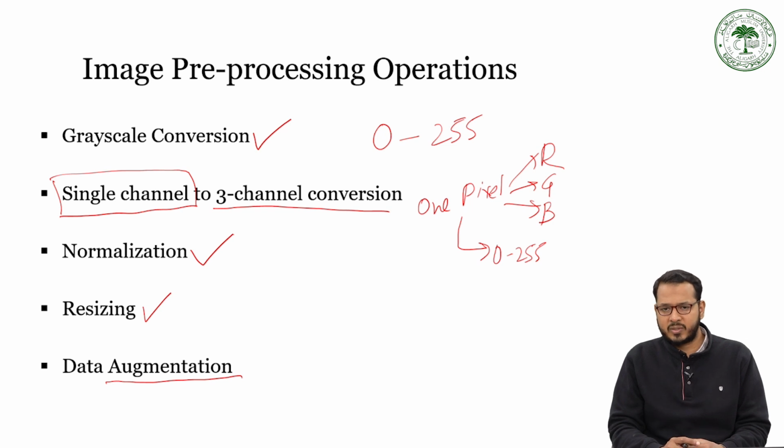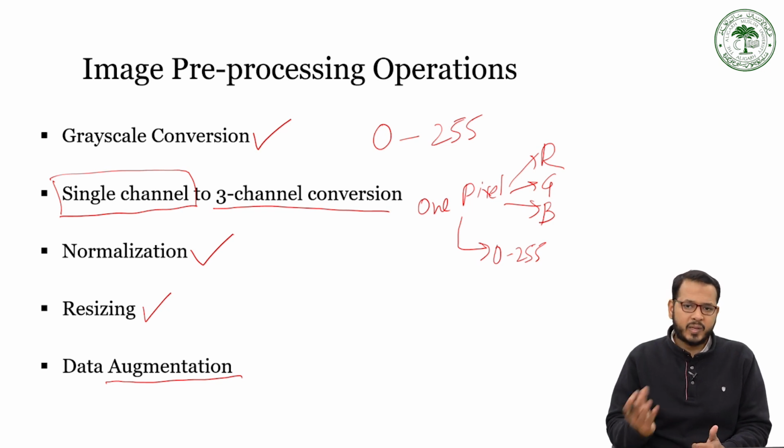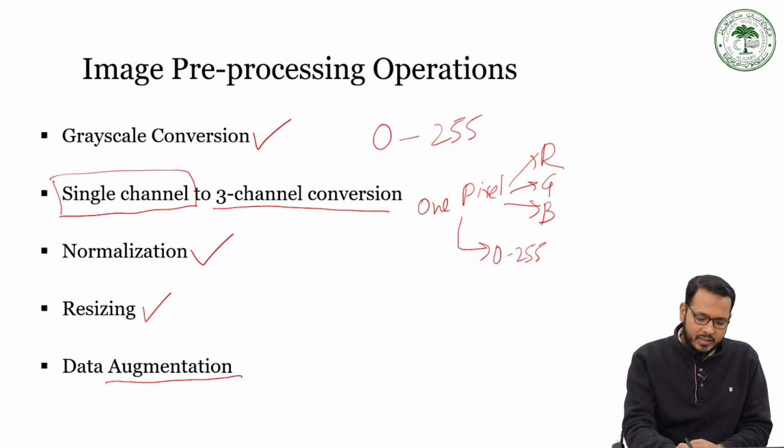Usually these transformations are random, but commonly used transformations are rotation, which means we can rotate the image, and flipping the image, also called mirroring. What it does is increase the diversity of data for training models, particularly deep learning models. We will see that with the help of an example later on.